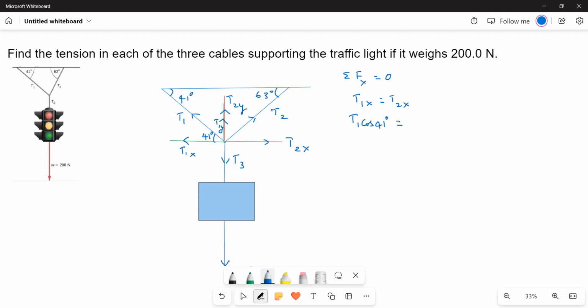And when it comes to T2x, this angle is 63, that is why this angle is also 63 degrees, and T2x is equal to T2 cos 63. Therefore, T1 is equal to T2 cos 63 divided by cos 41.